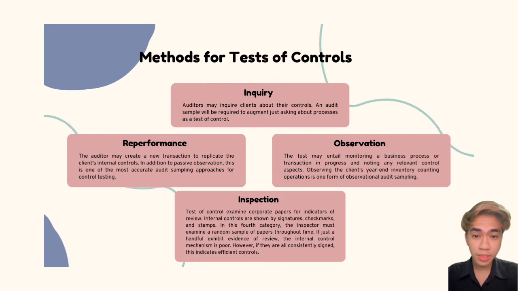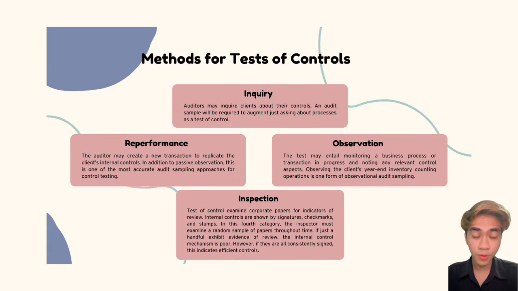So one of the methods is inquiry. So what is inquiry? Inquiry is a way for auditors to acquire the audit sample from the client, just by asking them about the process of their internal control. So it is concluded as a test of control. Moving on with the next part is observation. So what is observation?